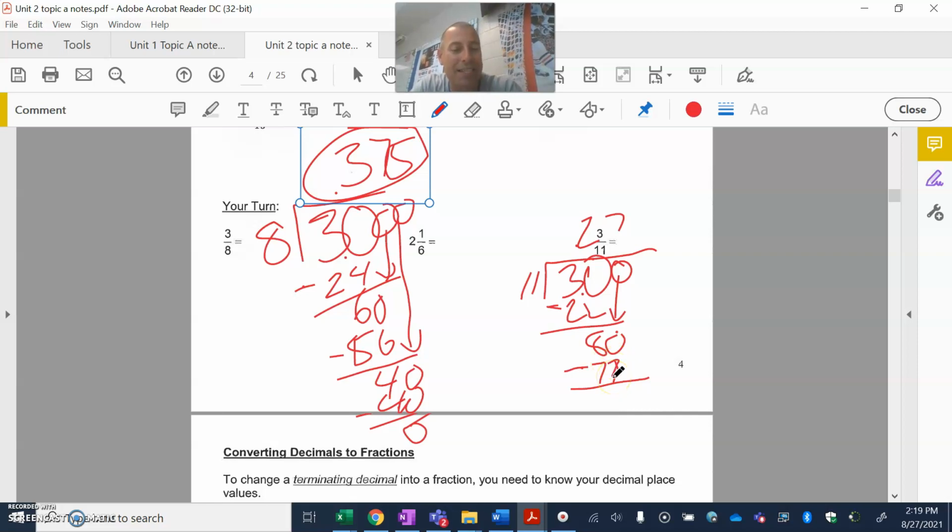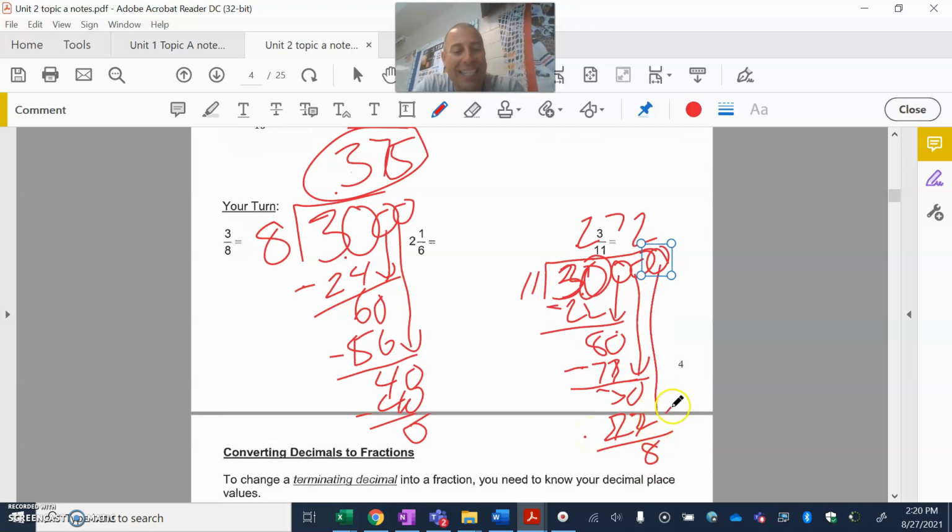80 minus 77 is a 3. If I add my 0 and bring it down, I get a 30. Didn't I already do that up here with the 30? It's going to be 2 groups. I'm going to get a 22. Subtract, get an 8. Bring the 0. The 80 is coming back again. So it's still, yes, what is it?